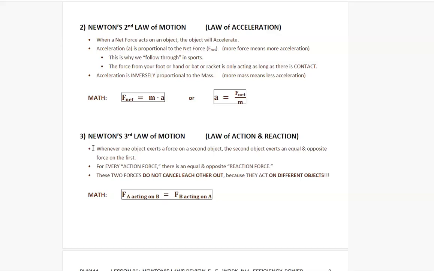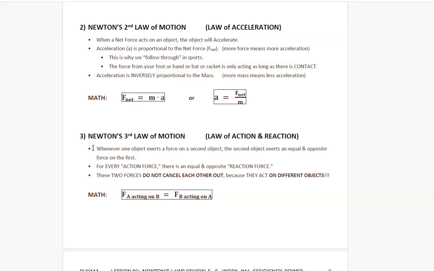All right, so this is actually the reason why we follow through in sports. If you're not familiar with that term, follow through means when you're using a baseball bat on a ball, or a golf club on a golf ball, or even your hands on a basketball. The more you are contacting the object, the more time there is for you to put a force on the object, and the more you will end up accelerating that object, making it go faster and faster.